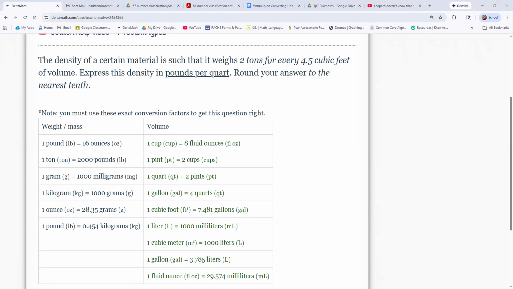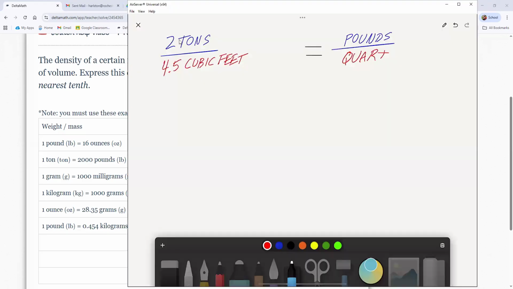All right, so let me bring this up on my iPad. I'm going to take the top, the 2 tons, and convert it to the number of pounds. And then I'm going to convert the 4.5 cubic feet and see how many quarts that would be. So watch what I do.